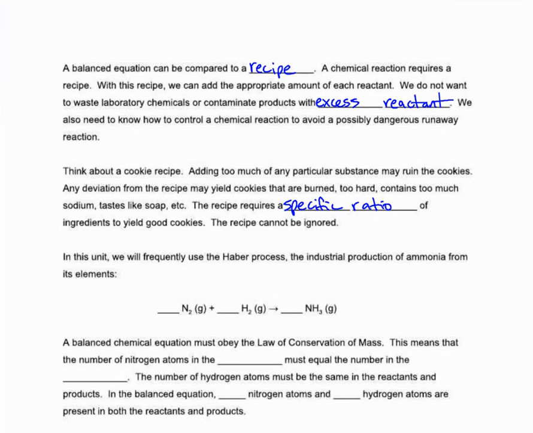Just a pinch of salt brings out the sweetness, but if you put a little bit too much salt, they're going to taste like sodium. They're going to be salty. That's no good. Adding too much of the baking soda tastes like soap. The recipe cannot be ignored. Just like in chemistry, we cannot ignore the recipe.